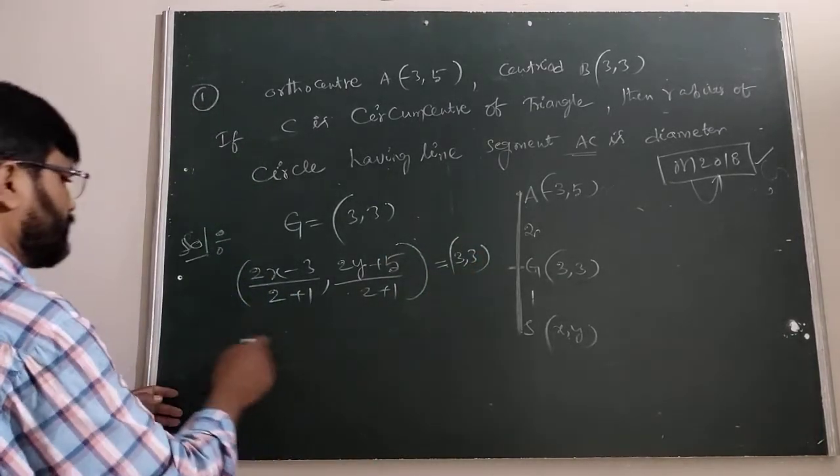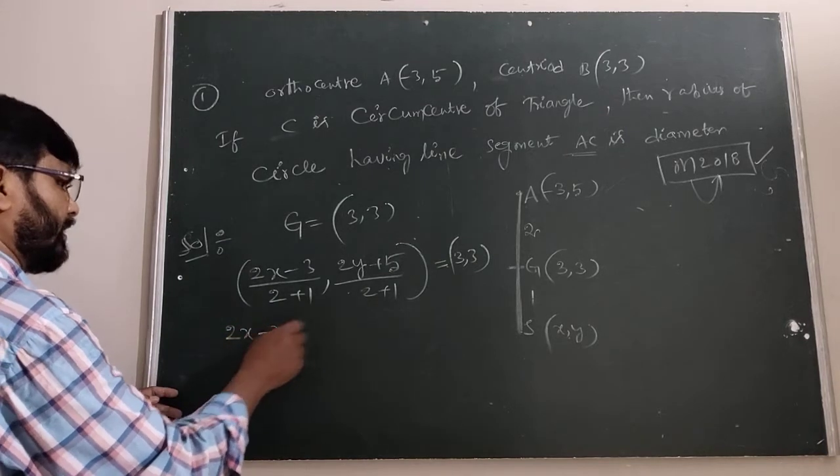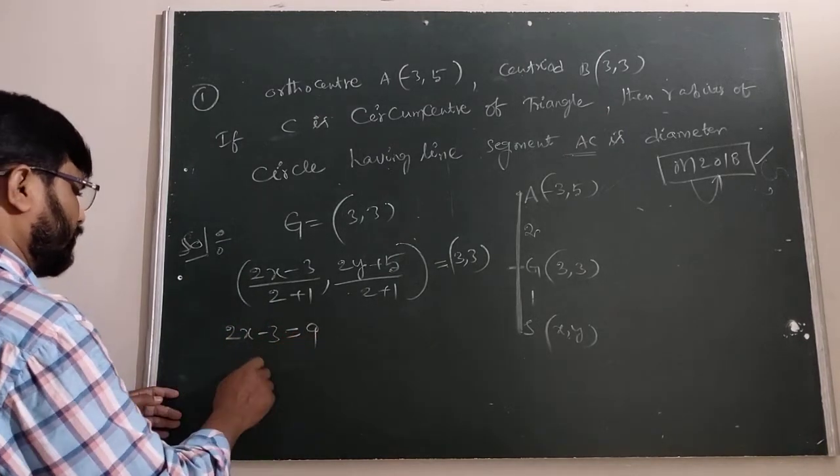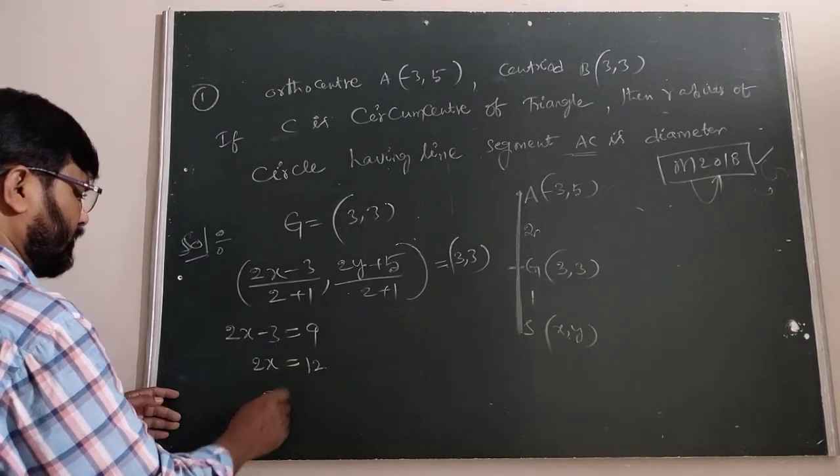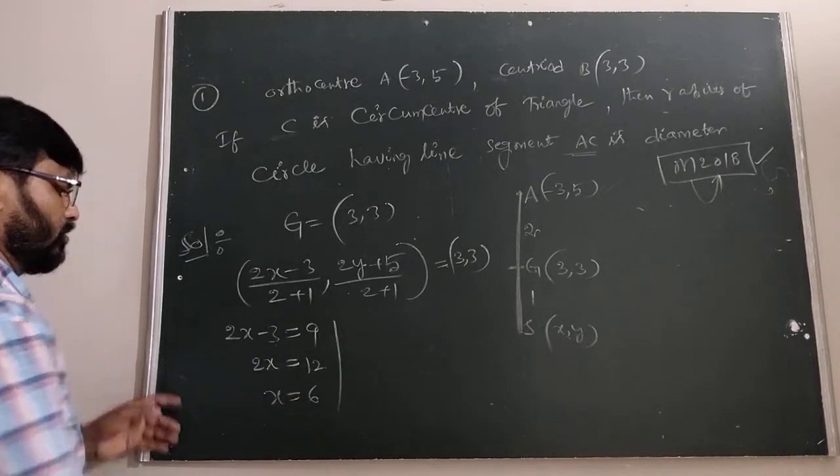Now you can write 2x - 3 = 9, 2x = 12, so x = 6.